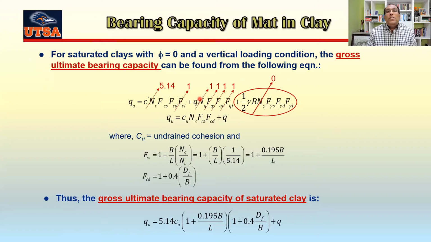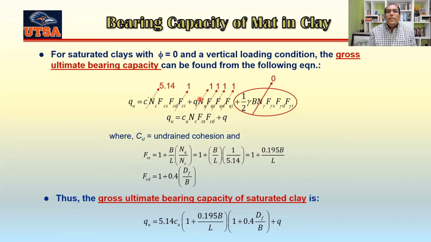But you have to make sure that your soil is fully saturated to assume that phi equals 0. If the clay is not completely saturated, you cannot assume phi equals 0 because it is not the undrained situation. Phi equals 0 holds only for the undrained situation, when the clay takes much longer to let the water escape from the soil.